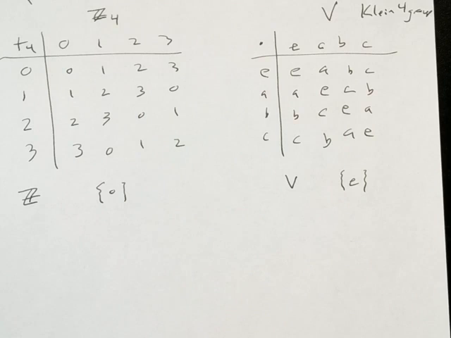So pick a number. You want to do Z first. Okay, if I'm in Z4, pick something that isn't 0. 2. Okay, let's look what happens and do the operation with 0.